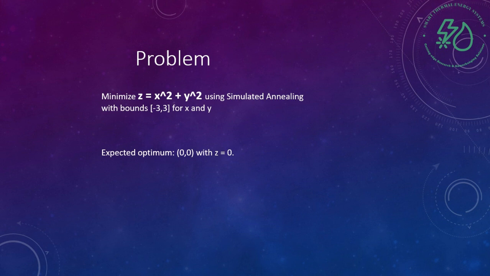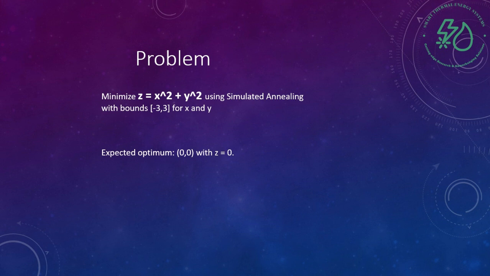In this example, simulated annealing is applied to minimize the objective function Z equals x to the power of 2 plus y to the power of 2, with bounds -3 to 3 for both x and y, the decision variables.